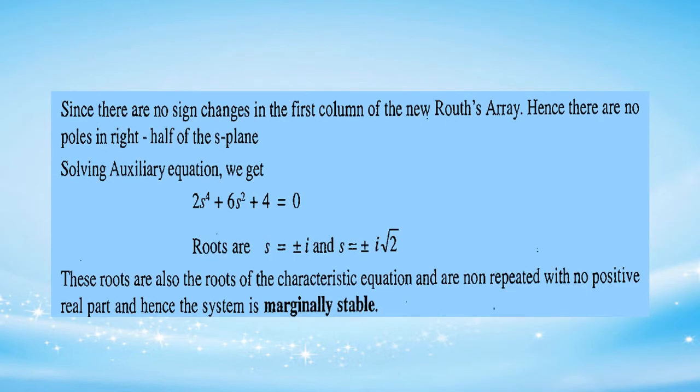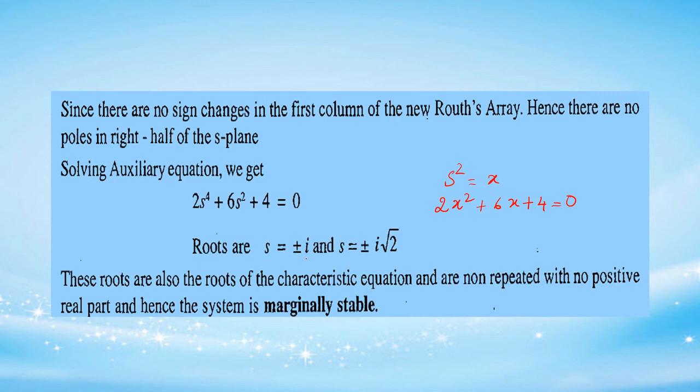Now, solving the auxiliary equation, put s squared equal to x. The equation becomes 2x squared plus 6x plus 4 equal to 0. Get the roots of the equation, substitute in x and get the value of s.